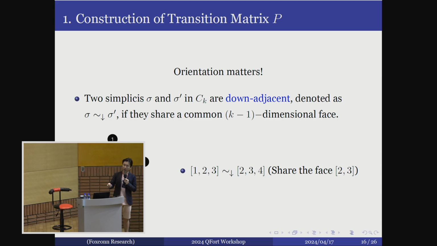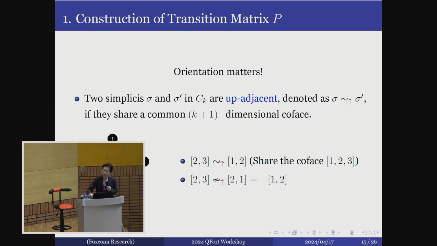Here is the definition. Let's start from the up adjacent. This is the notation for up adjacent. It means that if these two simplices share a common higher dimensional coface, then these two simplices are up adjacent.